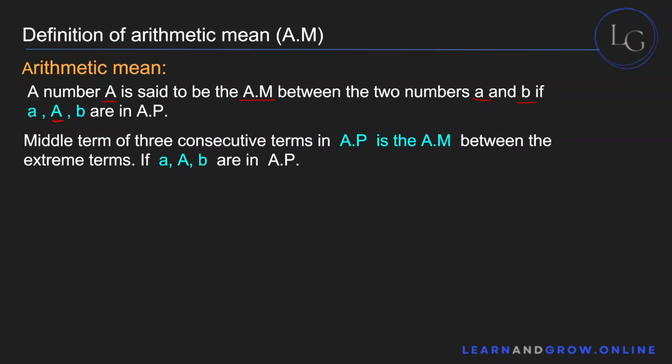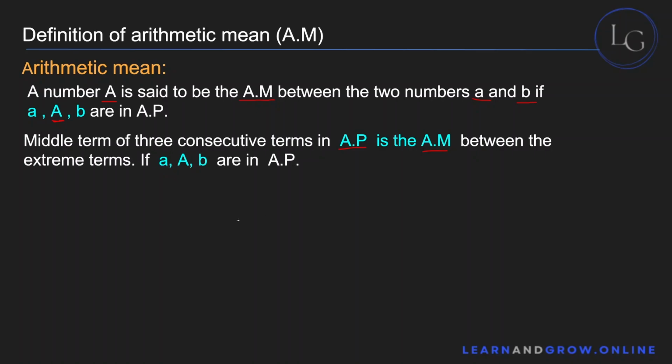So a, uppercase A, and b are in arithmetic progression, and the term uppercase A is the arithmetic mean between lowercase a and lowercase b. The middle term of three consecutive terms in an arithmetic progression is the arithmetic mean, simply put, between the extreme terms.